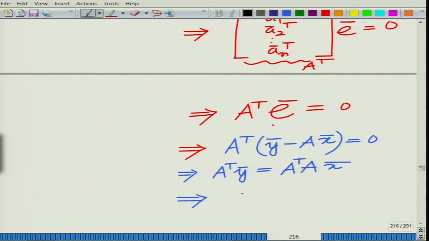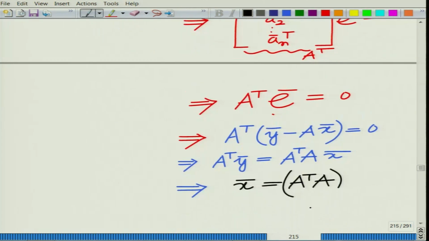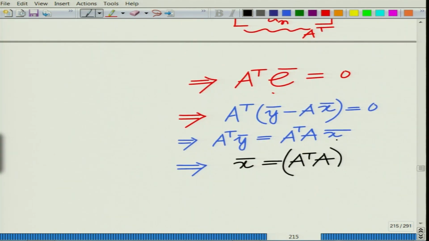This implies x bar equal to A transpose A inverse A transpose y bar. In fact, I can now also talk about a general complex matrix.